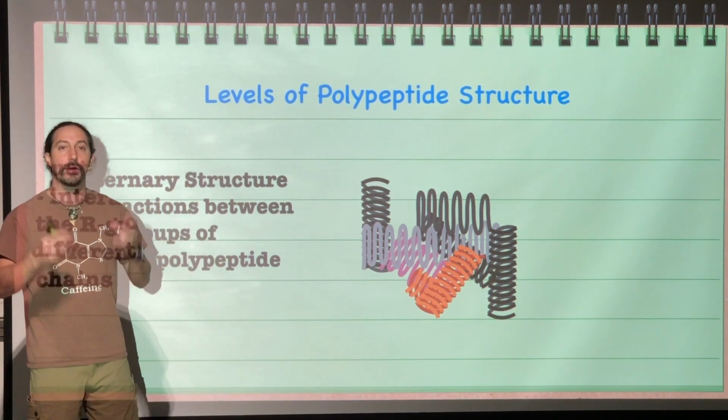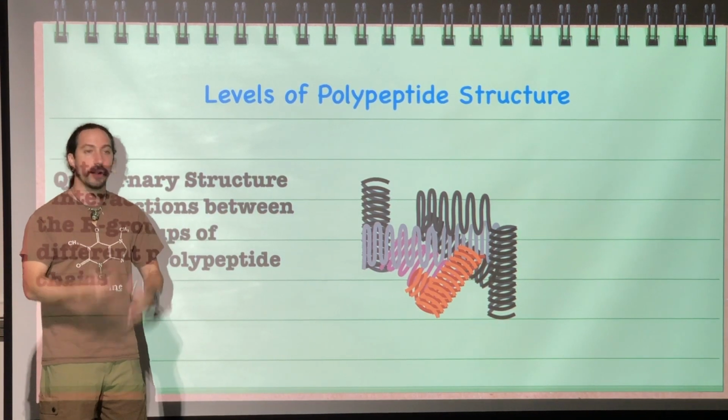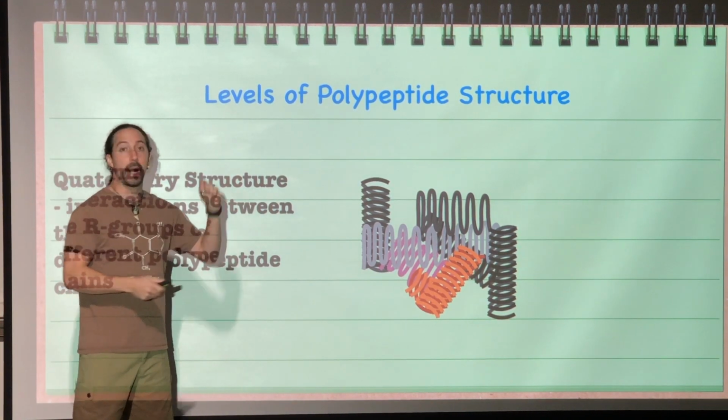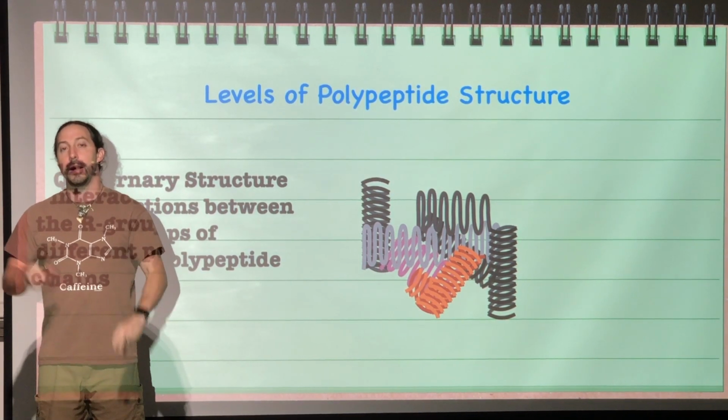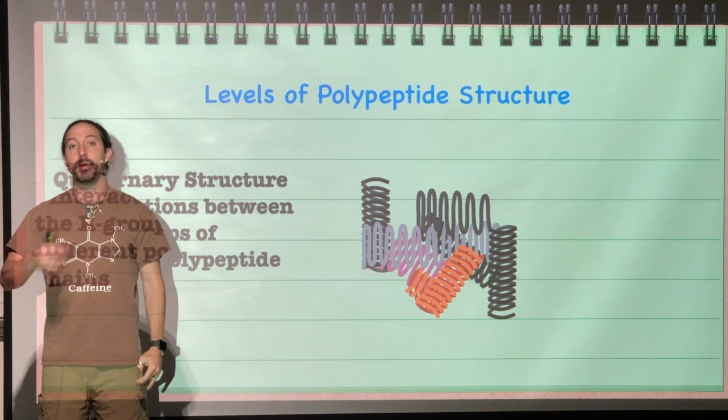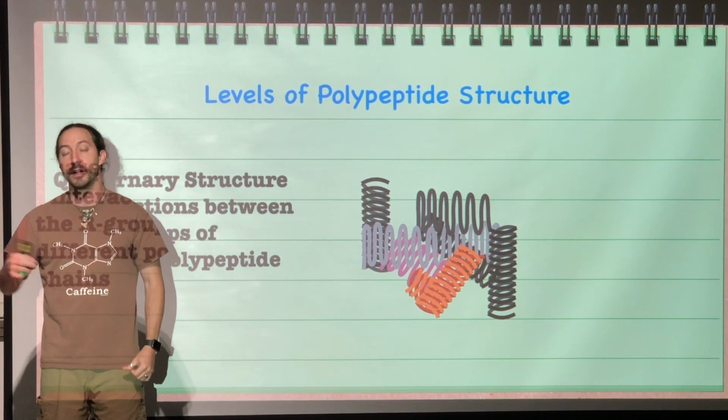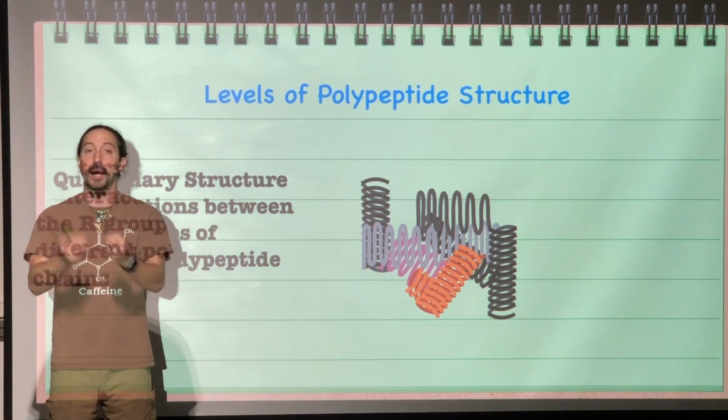So now we have a full unit that is a protein. Each of the single polypeptide chains would be called a subunit at this moment, because the entire protein would be referred to as a single unit. So they are the subunits that make up that unit.